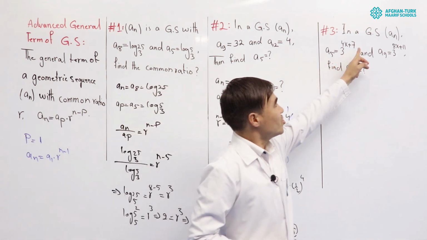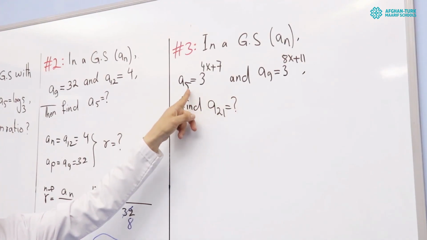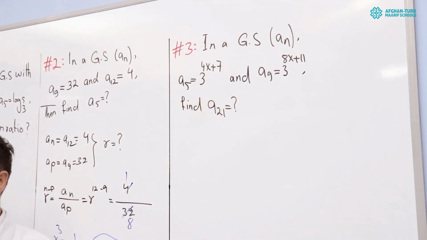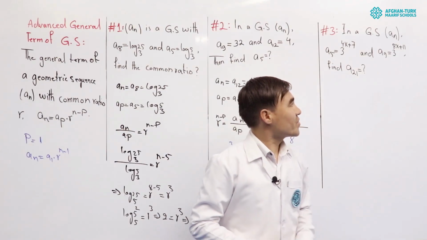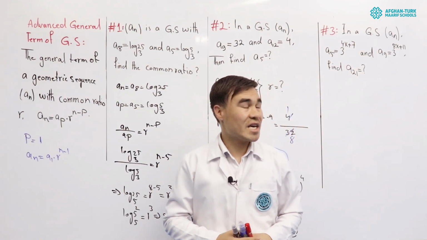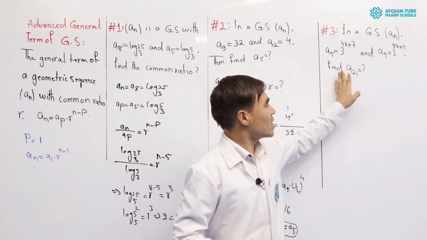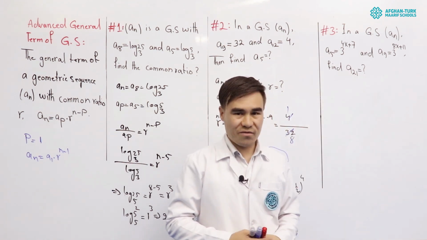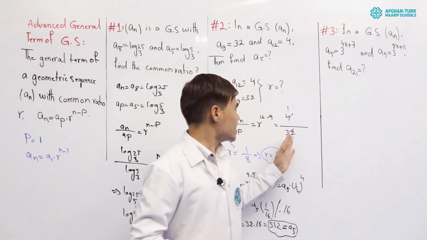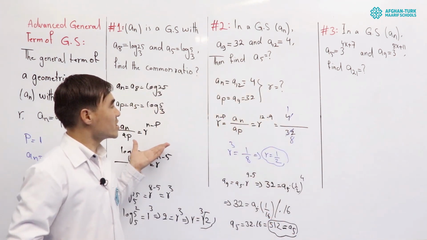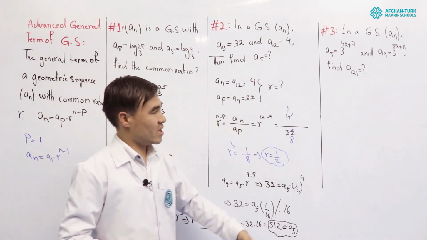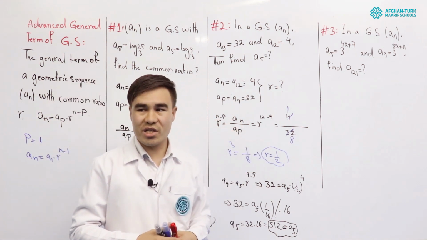In a geometric sequence an, the fifth term is equal to 3 to the power of 4 times x plus 7, and the ninth term is equal to 3 to the power of 8 times x plus 11. We want to find the 21st term. As in the previous examples, first it is necessary to find the common ratio.